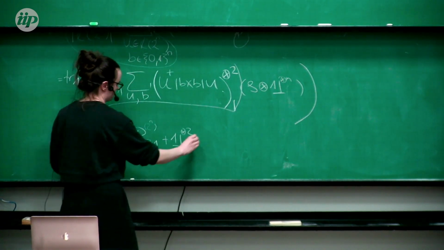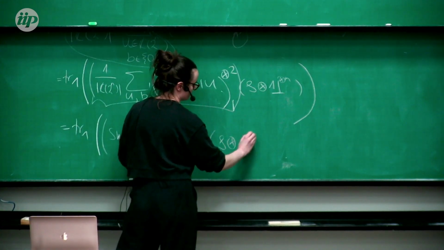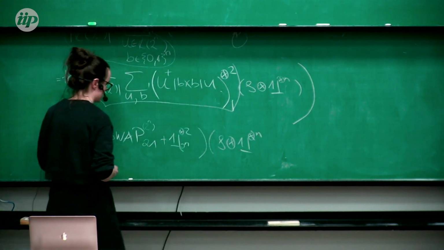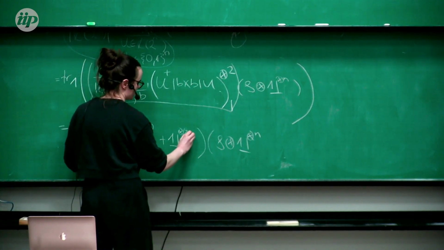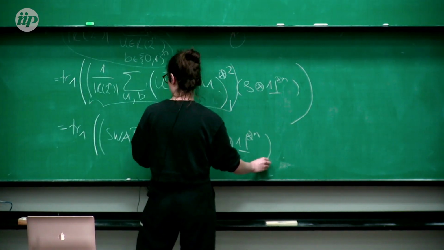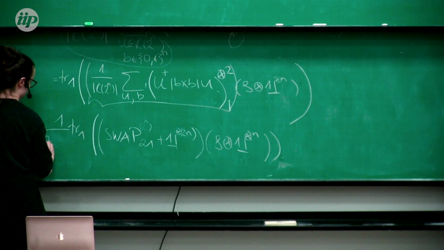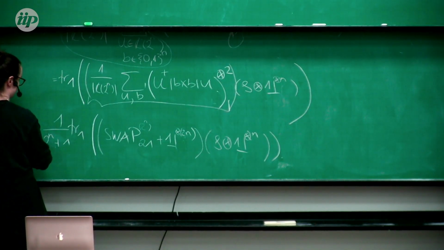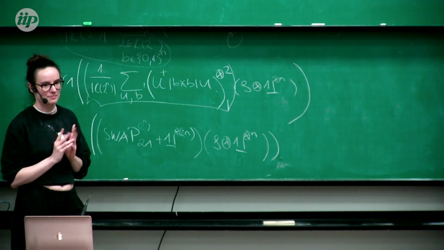And the 2 acting on rho. I'm really messing up notations. 2n. Okay. And I forgot the prefactor, 1 over plus 1. Is everybody with me? Yes, I see nodding.